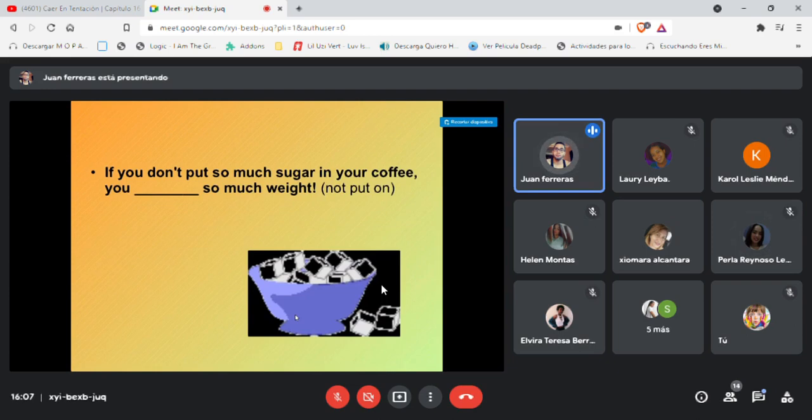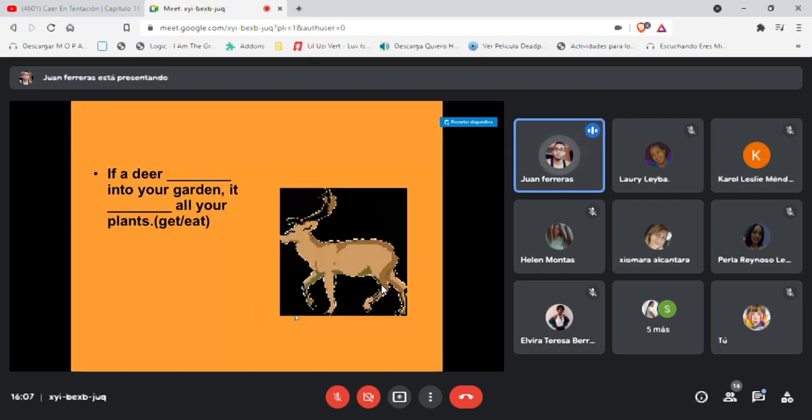Exactly. You will not or you won't put on so much weight. No ganarás, no adquirirás mucho peso. If a deer gets, because we are talking about the deer, third person, if a deer gets into your garden, it.